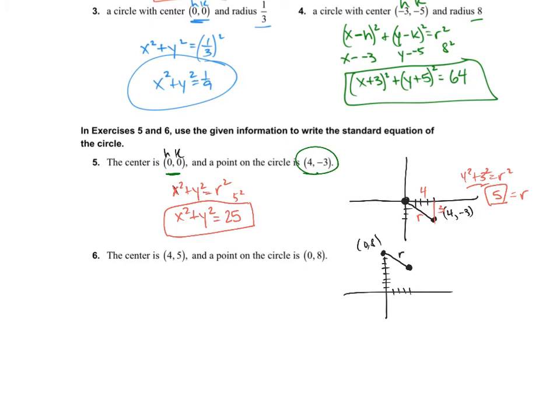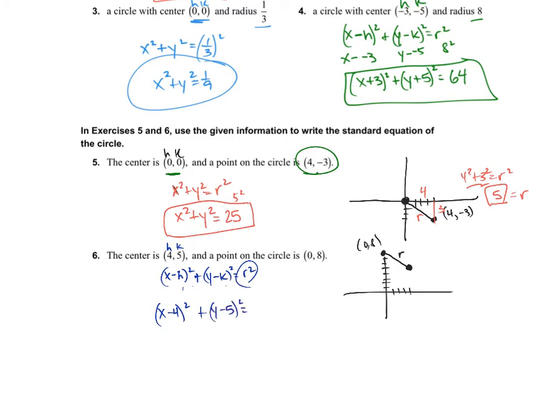So here's what we can do with this. We've got a center at 4, 5, so there's h and k. So let's start the problem like we normally would, because we know x minus h squared plus y minus k squared equals r squared. We don't know what the r is. We do know what the h and k are. So we know so far it's x minus 4 squared plus y minus 5 squared.